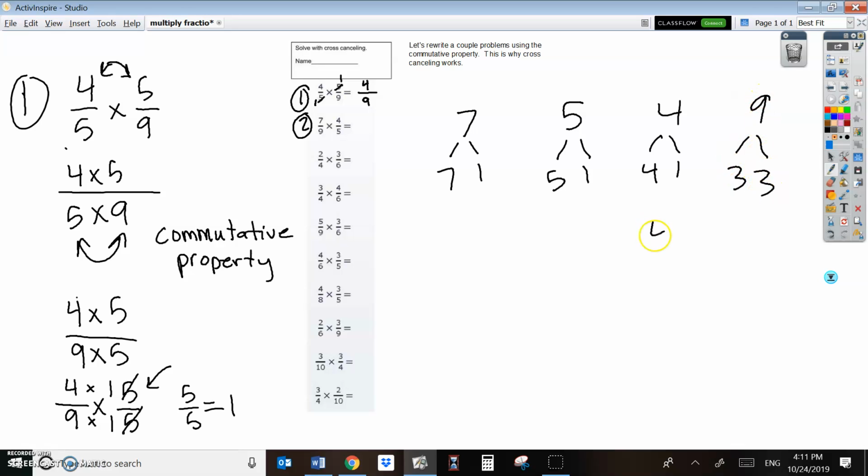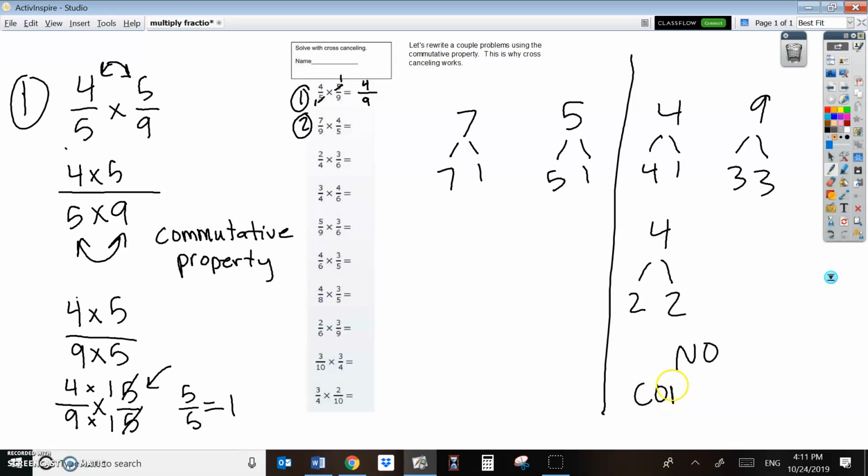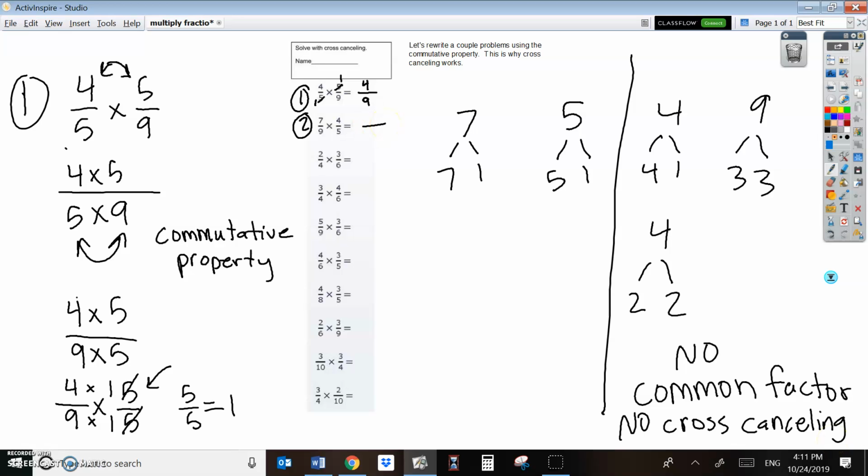No. So when there is no common factor, it means no cross-canceling. So this just needs to be multiplied straight across. 7 times 4 is 28, and 9 times 5 is 45.